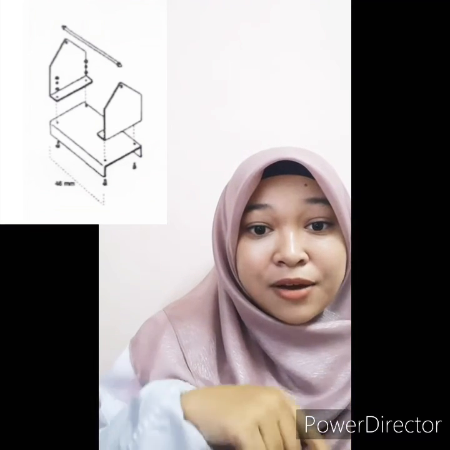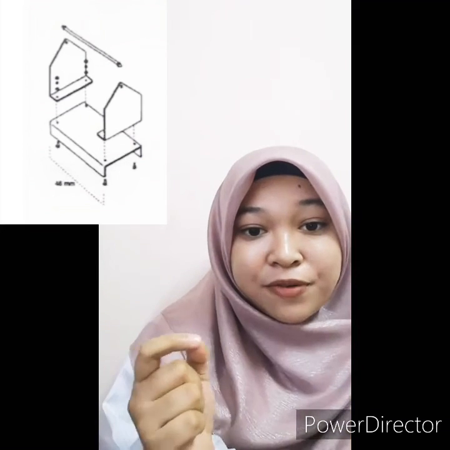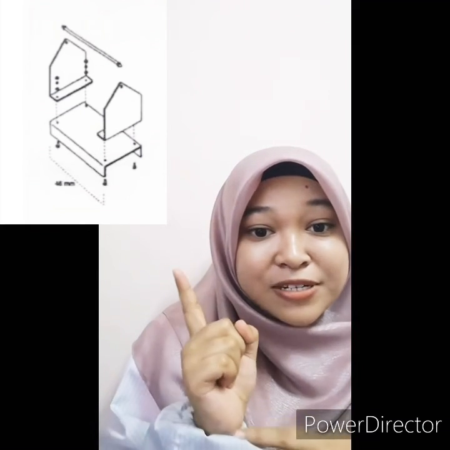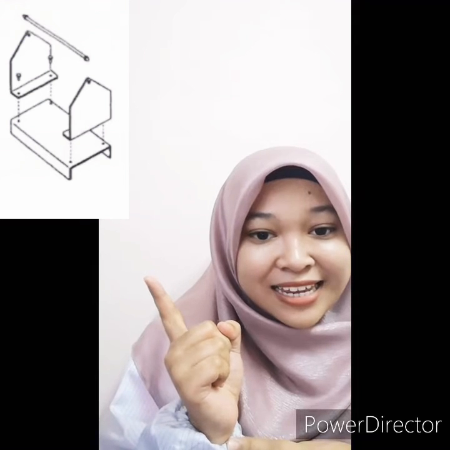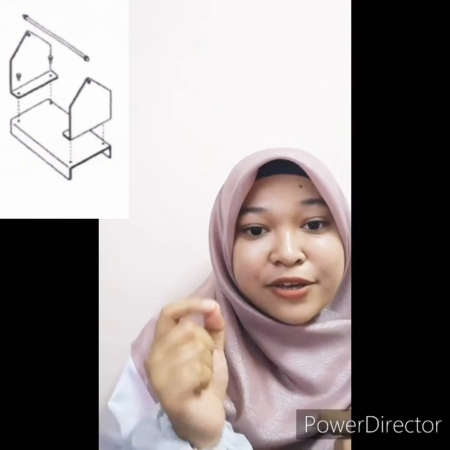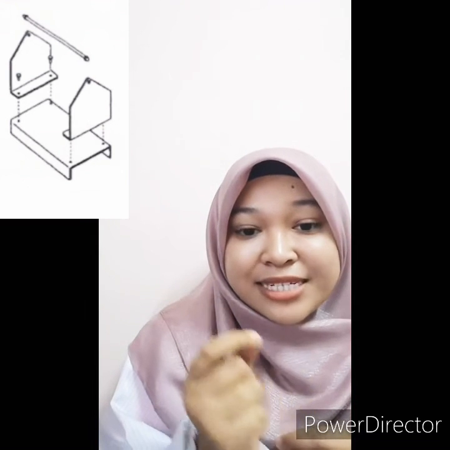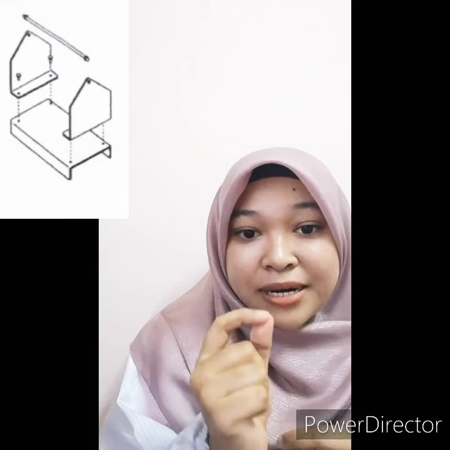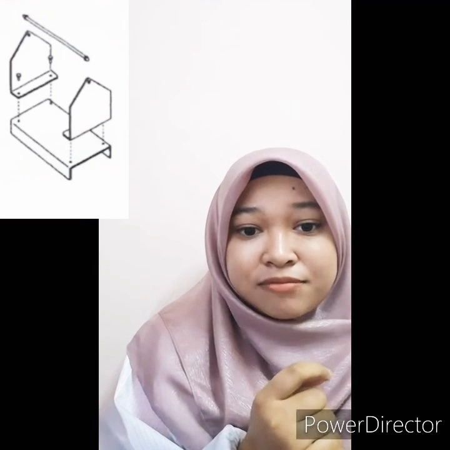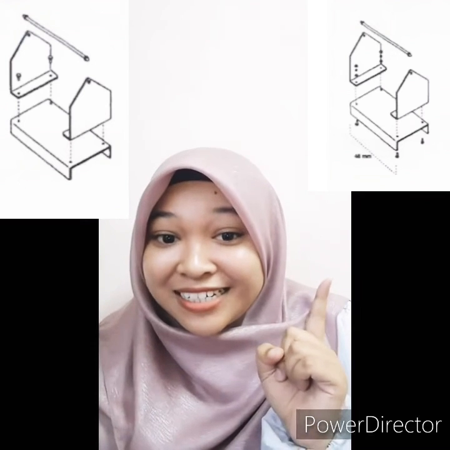In DFM, the first picture is improved to the second picture. In the second picture, there is a little improvement that uses a few screws compared to the first picture.